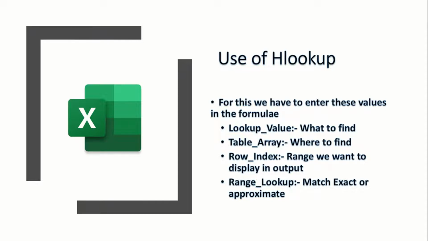Then the third thing is row index. In VLOOKUP, we enter column index because we have to select the number of the column in which our data is present, because our data is managed vertically. However, whenever our data is managed horizontally, we cannot select a column for that, we have to select a row.